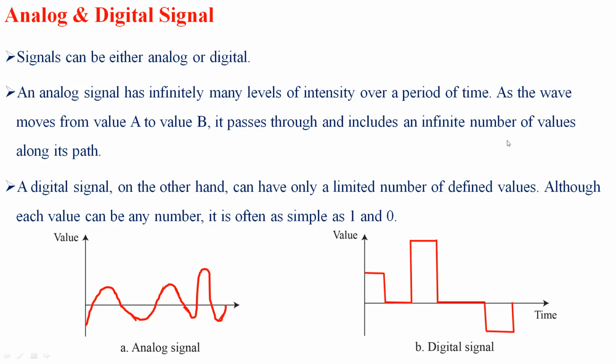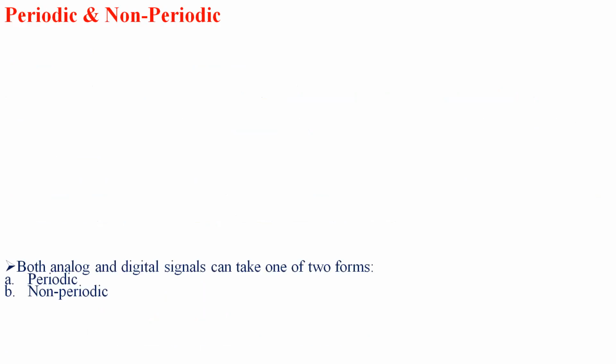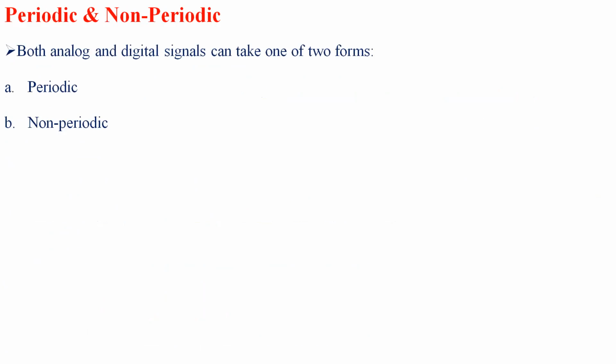Let's move on. We have one more thing called periodic as well as non-periodic signals. Both analog and digital signals can take two different forms. One is periodic and another is non-periodic.